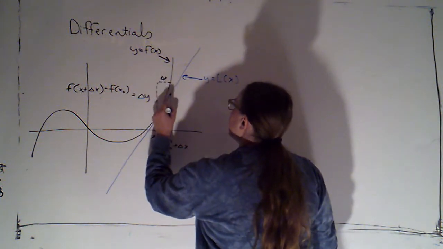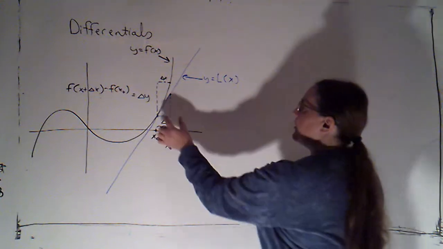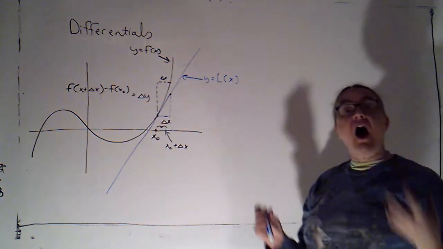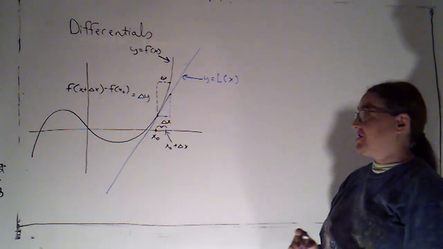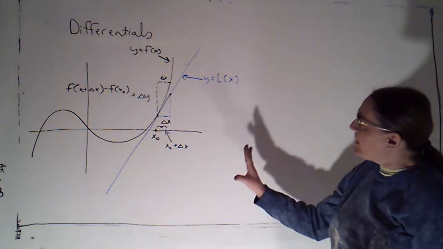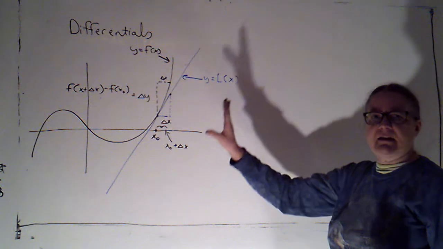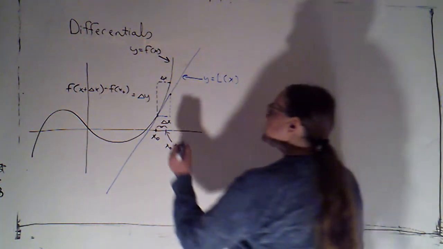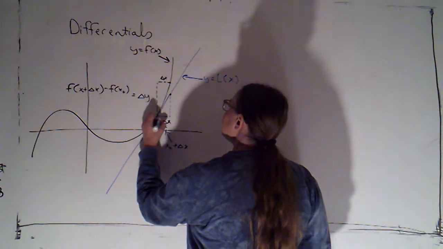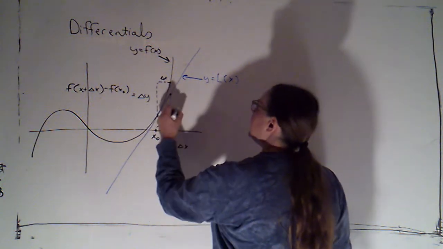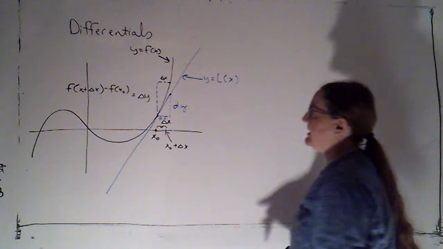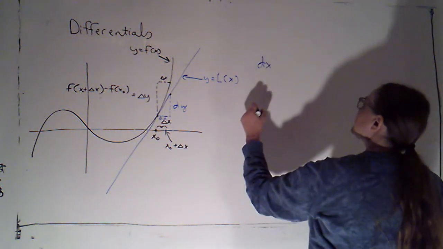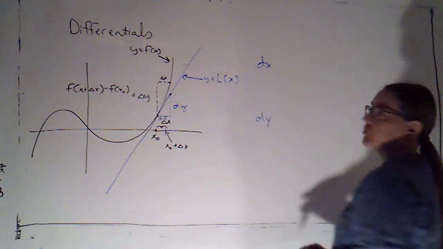But I could mark off the horizontal change and the vertical change on the linear function. Now, I've already used the symbols delta x and delta y, so I don't want to use the same symbols here. So what I'm going to use instead is dx and dy. These are my new symbols, and these are what we call differentials.